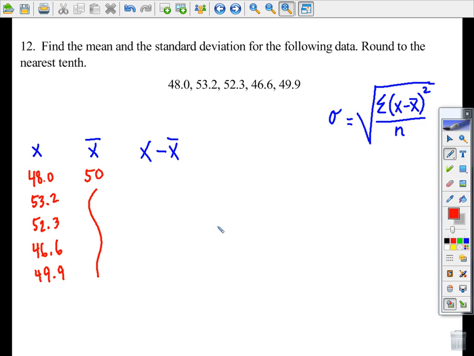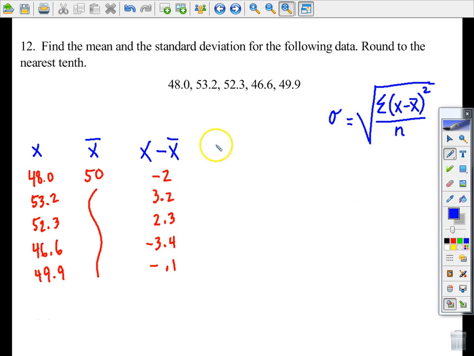So just use your calculator and go down the list and do the subtraction. 48 minus 50, negative 2, 53.2 minus 50, 3.2, 52.3 minus 50, 2.3, 46.6 minus 50, negative 3.4, and 49.9 minus 50, negative 0.1.